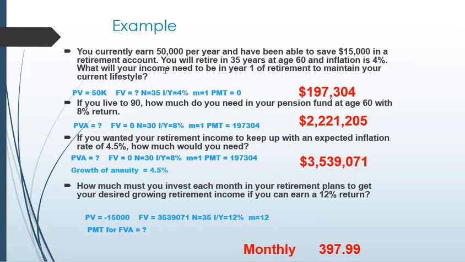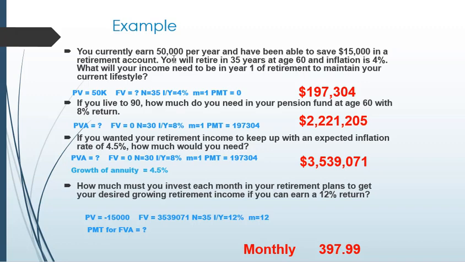Next, this is a kind of complicated example, and I'm going to let you stop, pause this, and work through the spreadsheet to figure out these numbers. I've provided you with where the data goes, where the numbers go in the spreadsheet. But let's just work through the example.